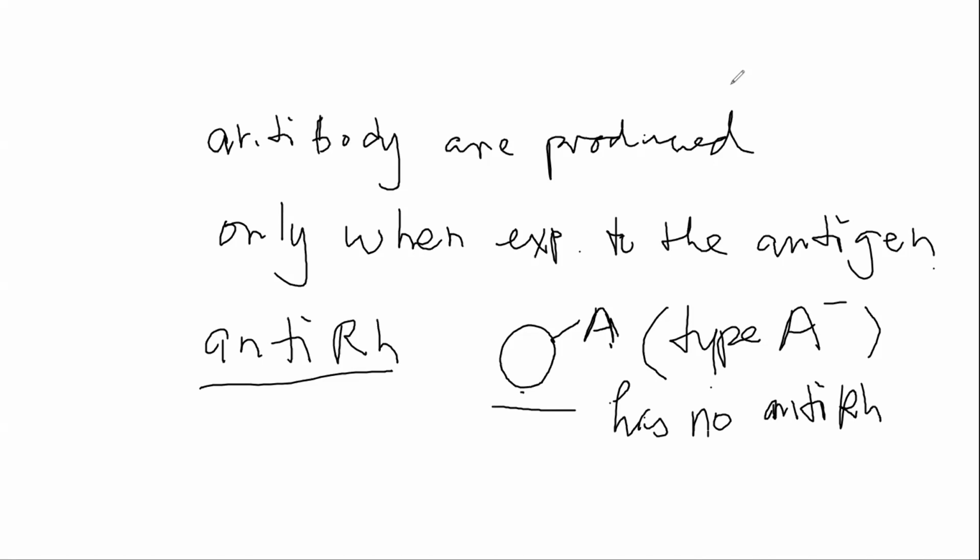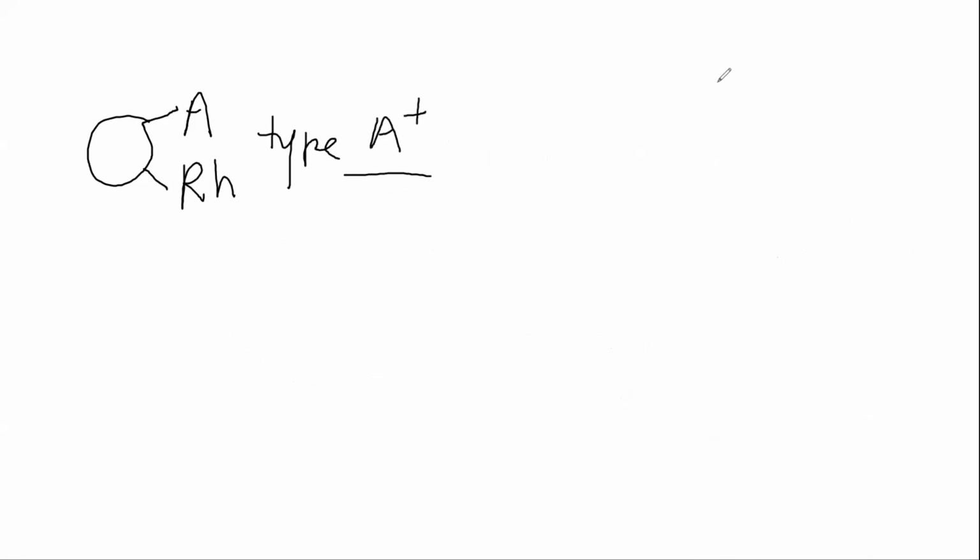Okay, so one more time. So this person with A and Rh, that's called type what blood? A positive. So now in this type blood, does this person have anti-Rh antibodies? No, it will never develop anti-Rh antibodies, because if you do have anti-Rh antibody, you're going to destroy your own cells.